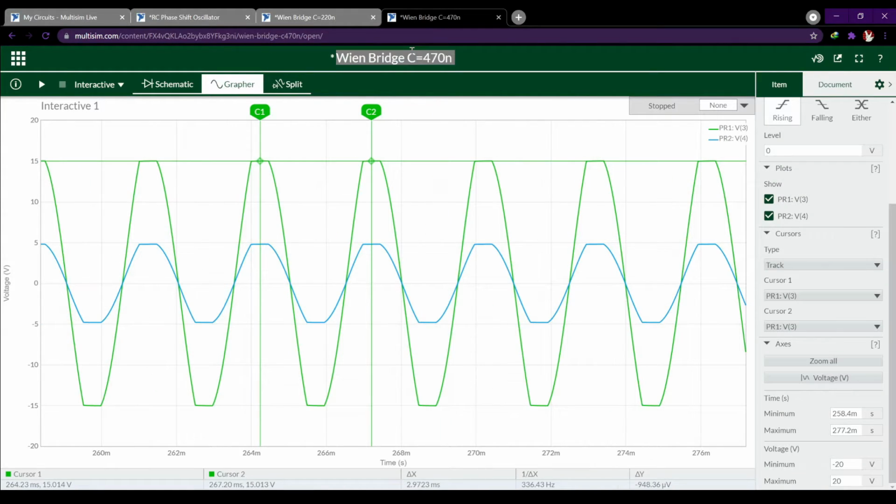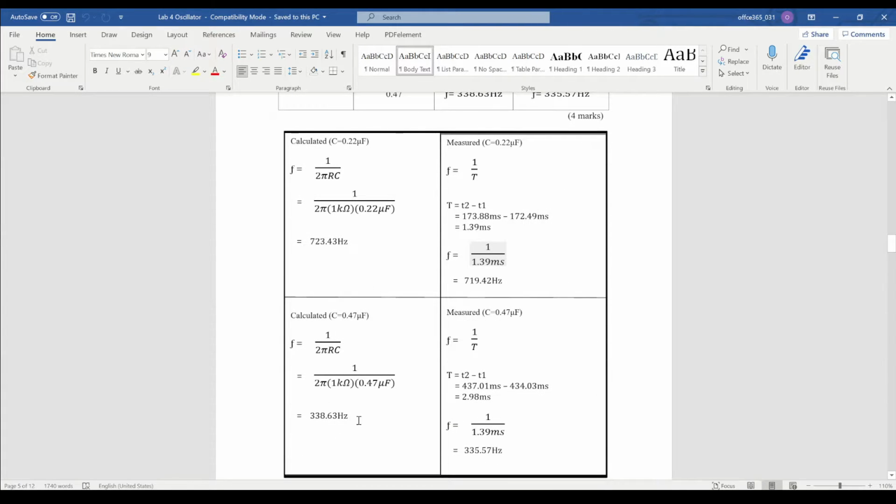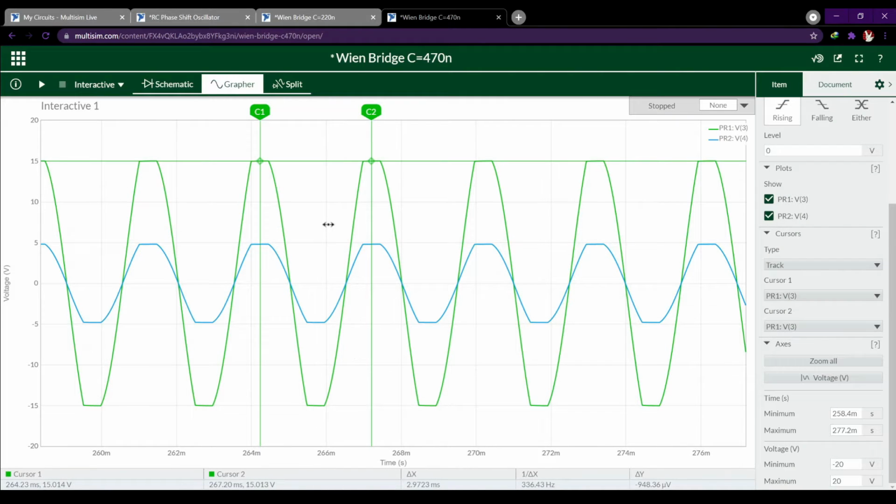The same for the Wien bridge with the 470 nanofarad capacitor, the same concept. But the frequency reference is different because we changed the value of the capacitor. For the 470 nanofarad capacitor, we should get around 338.63 Hz. For the simulation we measured, we got around 336.43, which is quite close to the calculated.